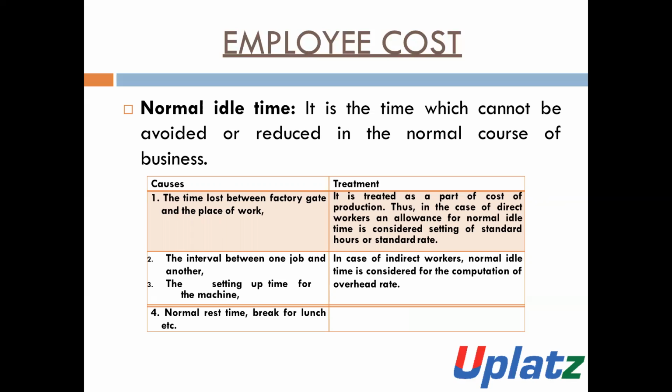Cause: the time lost between the factory gate and the place of work. The time which is lost between the factory gate and the place of work is treated as part of the cost of production.